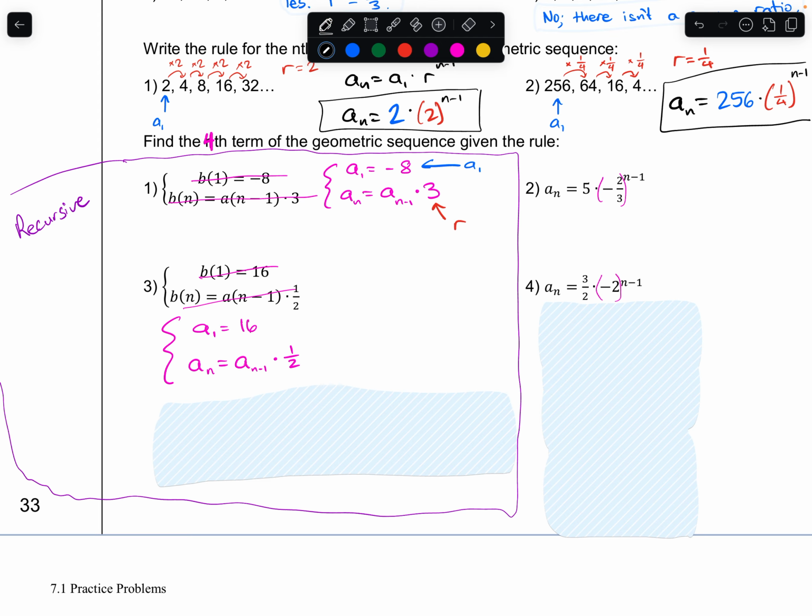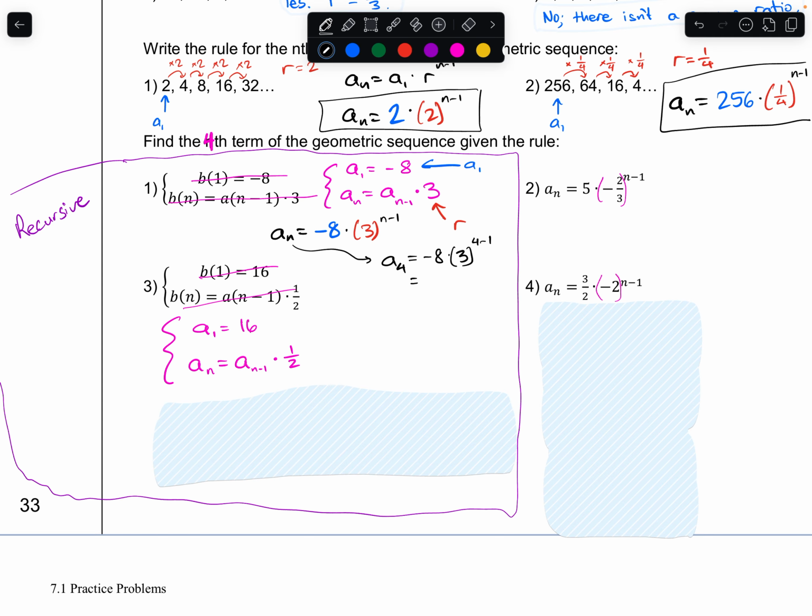So the explicit rule would be that A sub n is our first term times our common ratio to the n minus 1 power. And we're going to take that to find A sub 4. It's going to be our first term times 3 to the 4 minus 1 power.